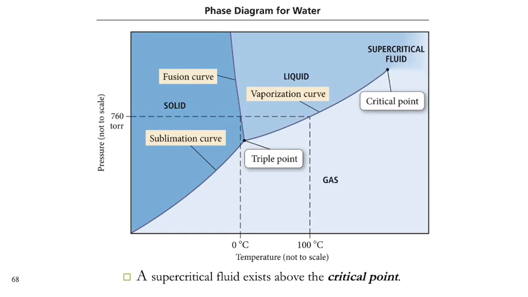You can glide so nicely on ice skates because it causes the top layer of the ice to melt, which makes it much slipperier than if it was just ice without any liquid layer on it. So this is the fusion curve where you've got the transition between solid and liquid. This is the sublimation curve where you've got solid to gas transitions.